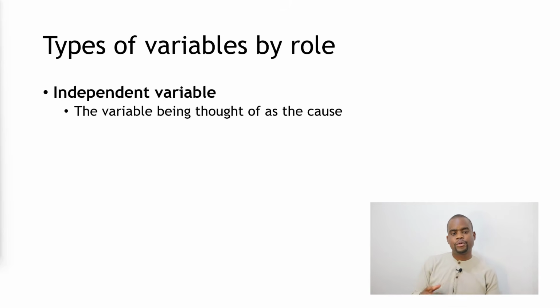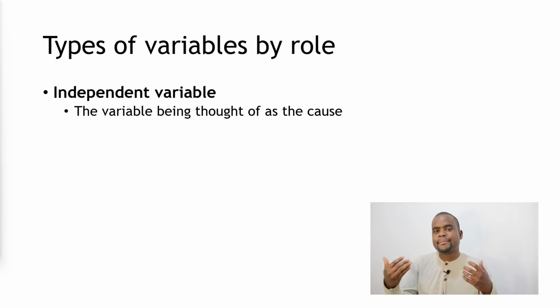These are variables that we think are affecting the outcome of another variable. So let's take an example of a scenario where we're trying to study what affects the amount of rain that we get in an area. You want to find out the factors that affect the amount of rainfall that we are going to receive.